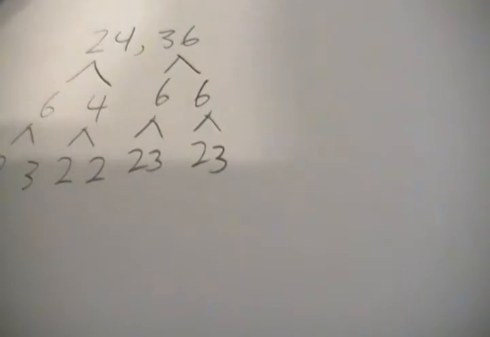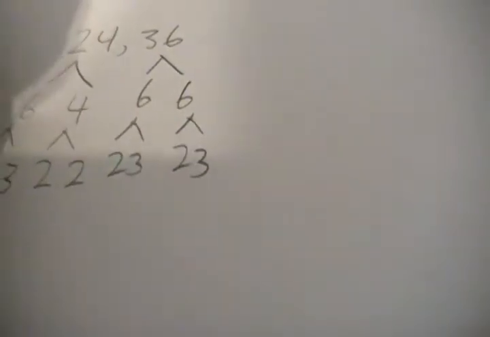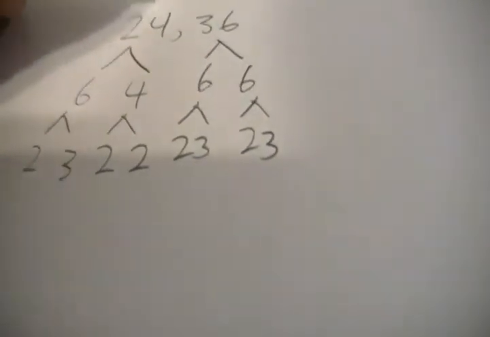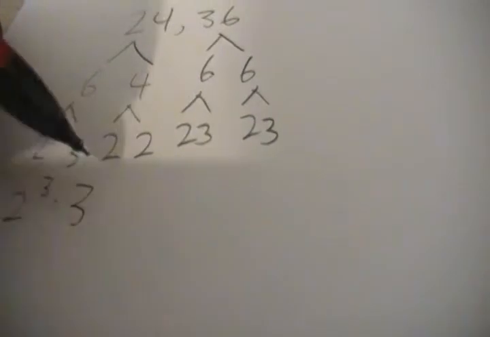Alright, now for the number 24, we're going to write out the prime power form. So it's going to be 2 to the third power times 3, and then for 36 it's going to be 2 to the second power times 3 to the second power.